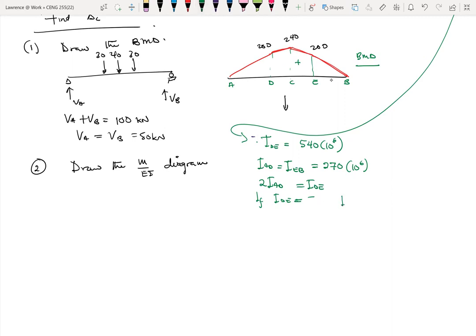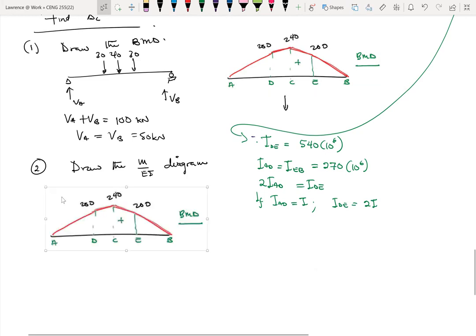Rather, let me do it this way. If IAD is equal to I, then this implies that our IDE will be equal to 2I. Okay. So to make things easier, I'll take you guys through first principles, explain everything, and then subsequent ones will just make it easier. All right. So this is what we have.